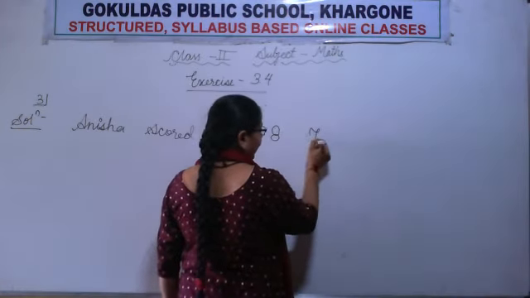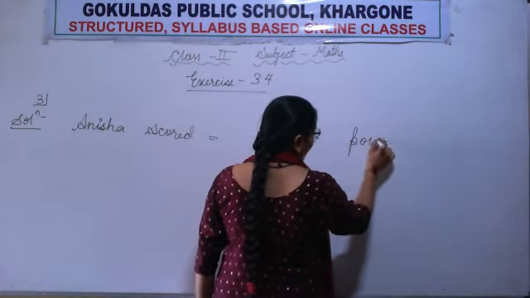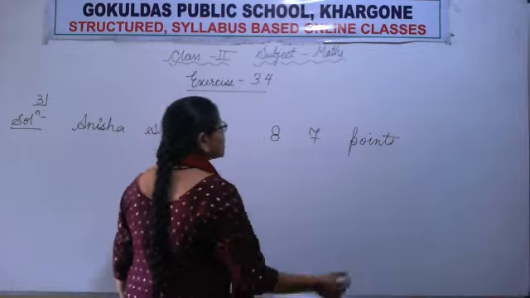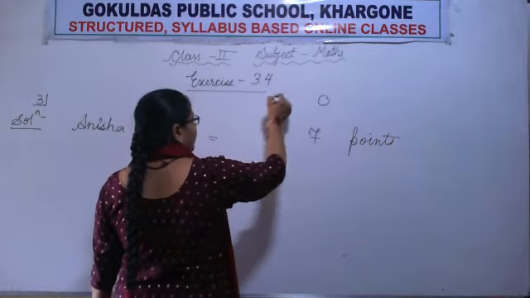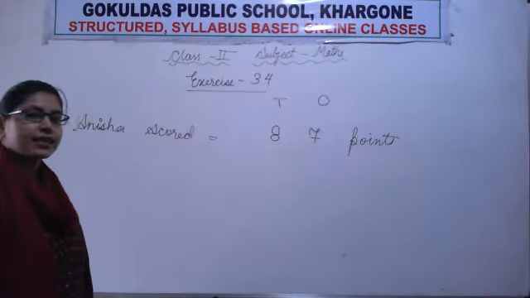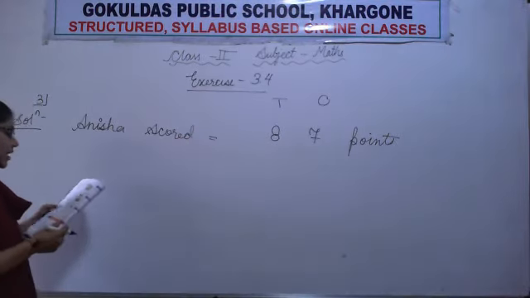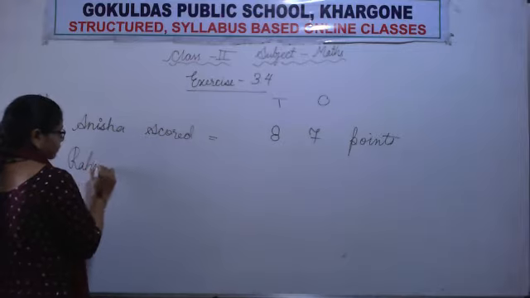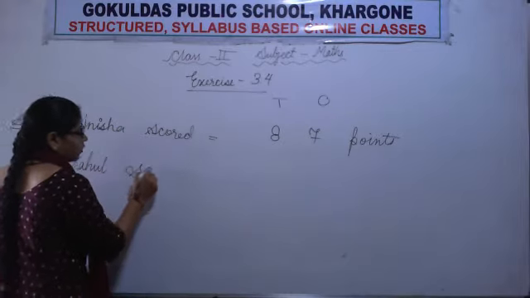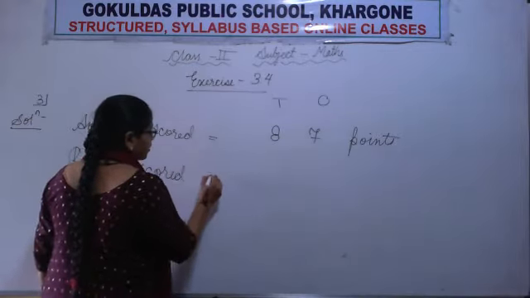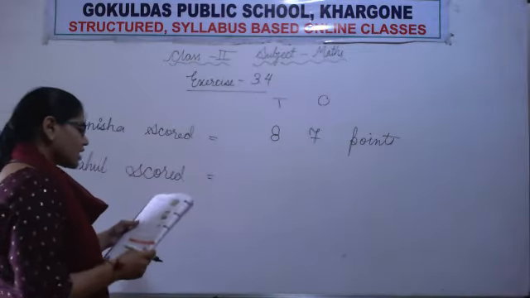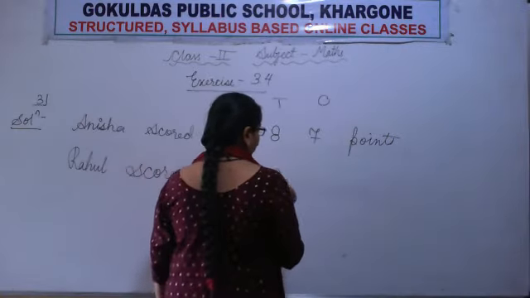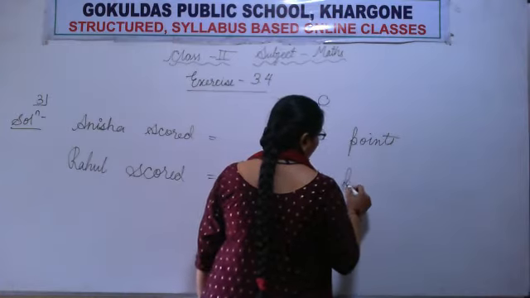So we will write 87 points. Again, do not forget to write about the places, tens and ones. Now the next information is about Rahul. Rahul scored how many points? 68 points. So we will write 68 points.